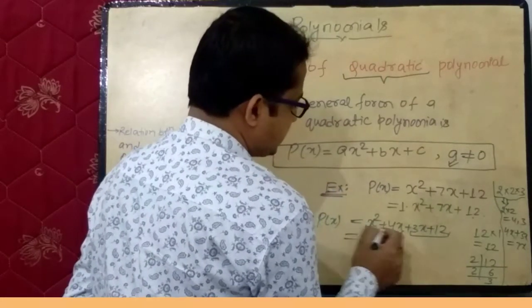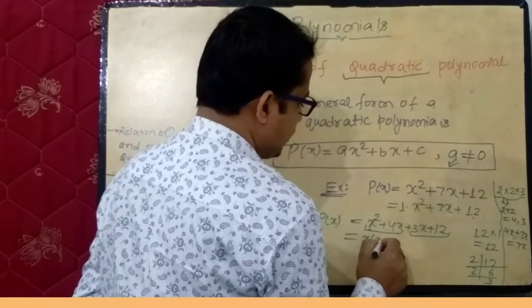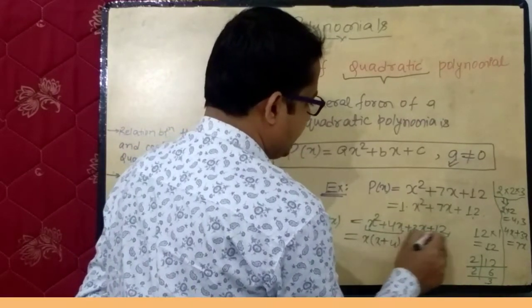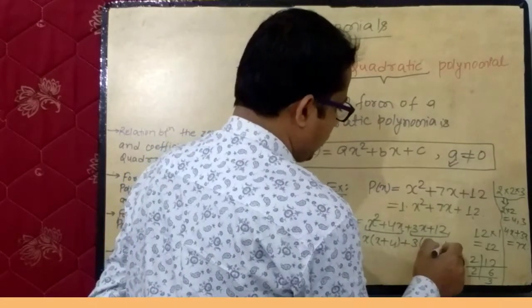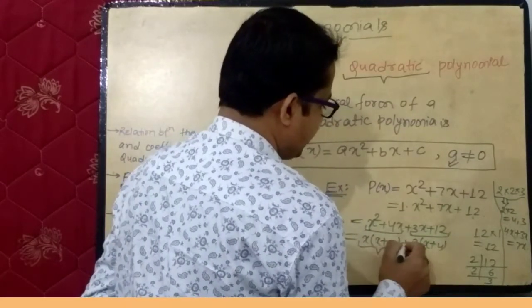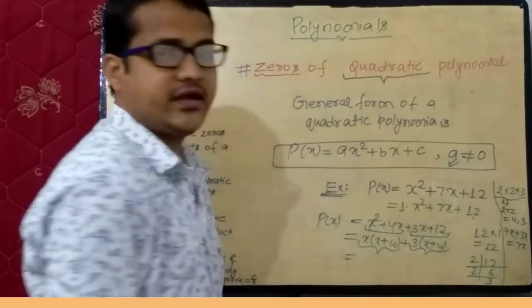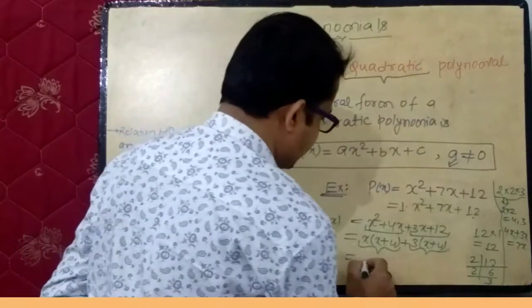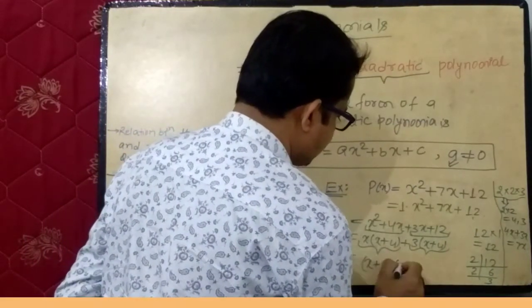In these two terms, x square add up 4x, x is common, take x as common, then you will get x add up 4, and in these two terms 3 is common, take 3 as common. Now in these two terms x plus 4 is common, take x plus 4 as common. What will remain? Here only x will remain.